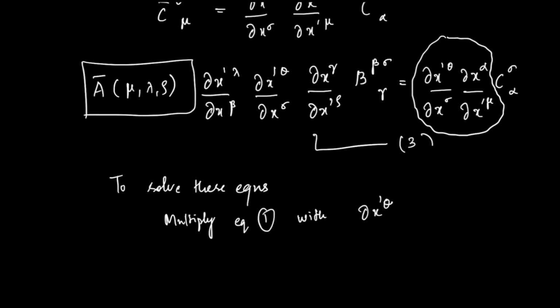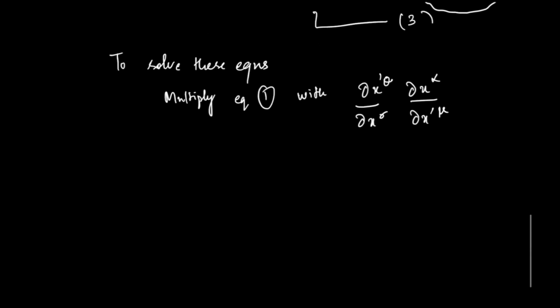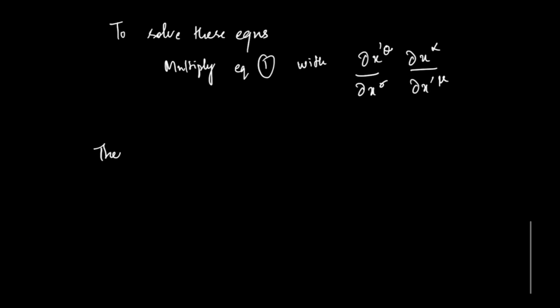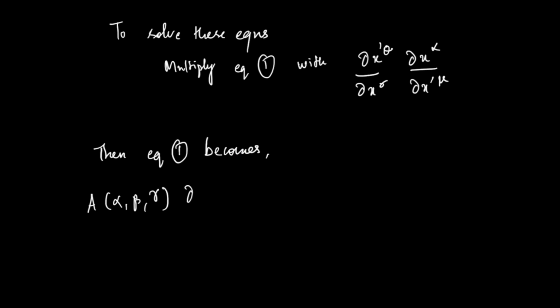So I multiply equation 1 with partial derivative of x prime theta with respect to x sigma, partial derivative of x alpha with respect to x prime mu. Then equation 1 becomes, on the left hand side, A alpha beta gamma, partial derivative of x prime theta.